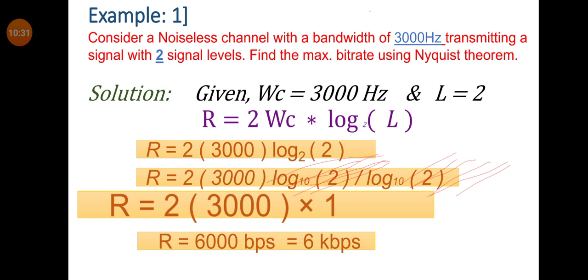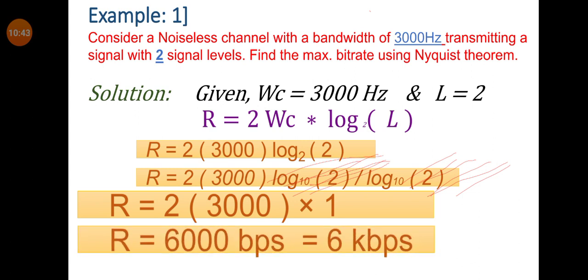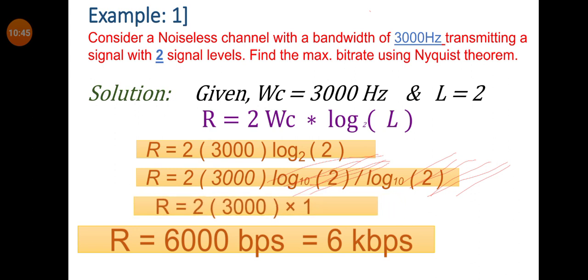After simplification, we need to multiply 2 with 3000 and 1. So 2 into 3000, 6000, into 1, 6000. So now R is equal to 6000 bps, because data rate is always measured in bits per second. So R means data rate, bit rate. It is equal to 6000 bits per second.